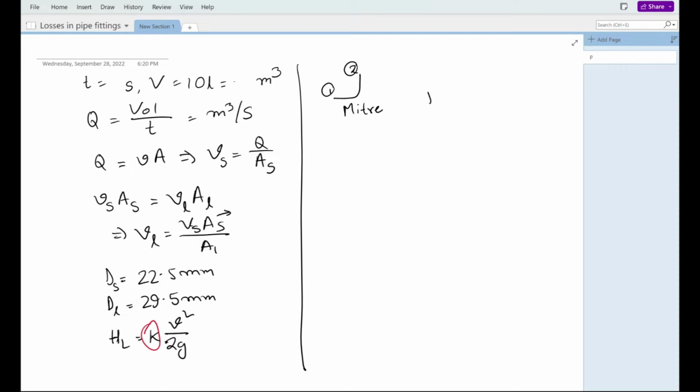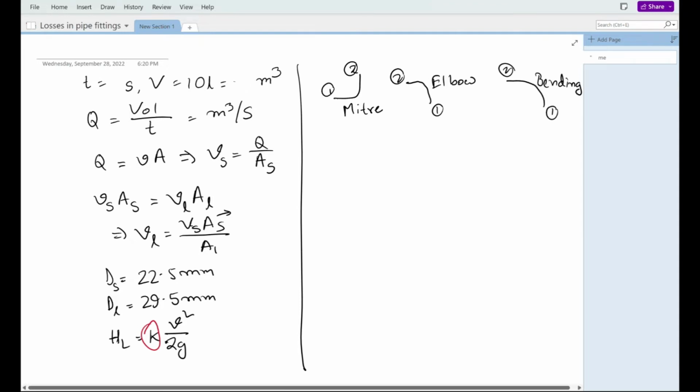So we have to use Bernoulli's equation, one for point 1 and another for point 2. Let's write it like this: P1 divided by rho times gravity plus V1 square divided by 2 times gravity plus the elevation Z1 equals point 2, after exiting the fitting, which is P2 by rho times gravity plus V2 square divided by 2 times gravity plus Z2.